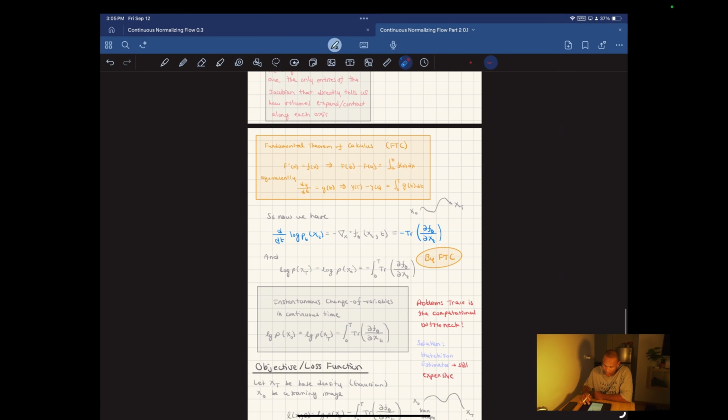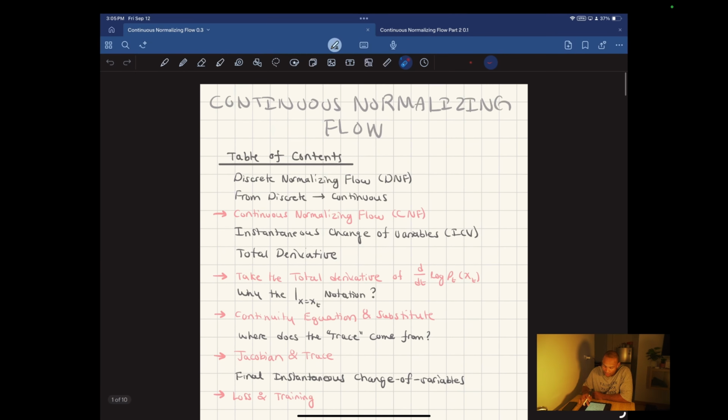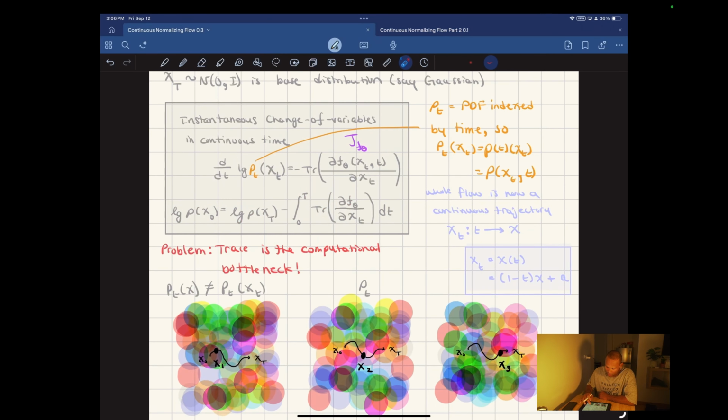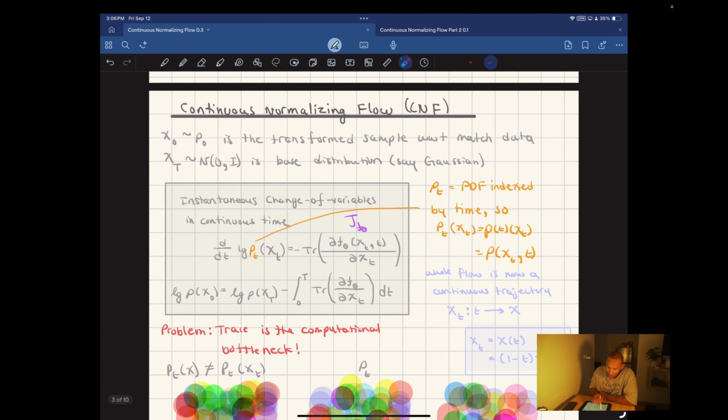So let's do a review. I'll review both of them together, starting from the first notes that I have. So, continuous normalizing flow. We have an image x naught and a corresponding vector sample from a simpler base distribution, x sub t, where the goal is to turn this simple base distribution into a more complex image distribution.